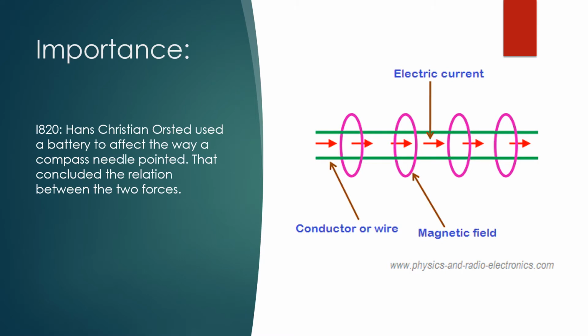The importance of electric current flow and magnetic force. In 1820, a man named Hans Christian Ørsted used a battery to affect the way a compass needle pointed. A battery having electrical current flow down some conductor changed the way a compass needle pointed.